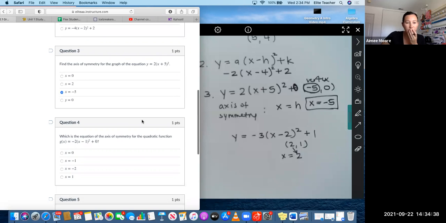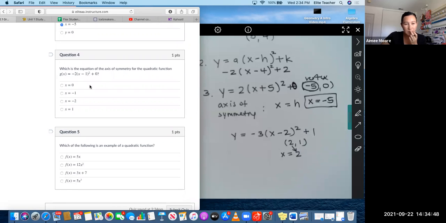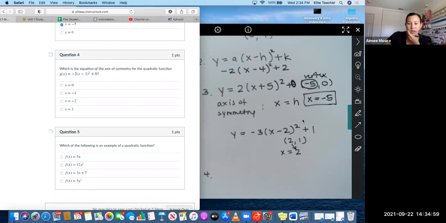Okay, number 4. Which is the equation of the axis of symmetry for the quadratic function g of x equals -2 times x minus 1 squared plus 0? Get another chance. Send it over to me privately. Let's make sure everyone understands how to find the axis of symmetry. Good, Jasmine. Yep.